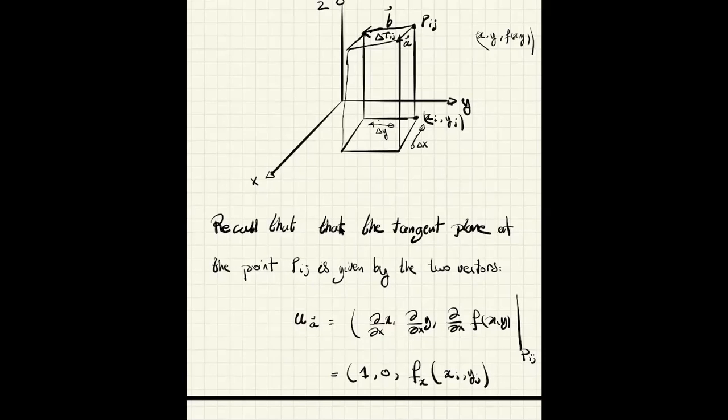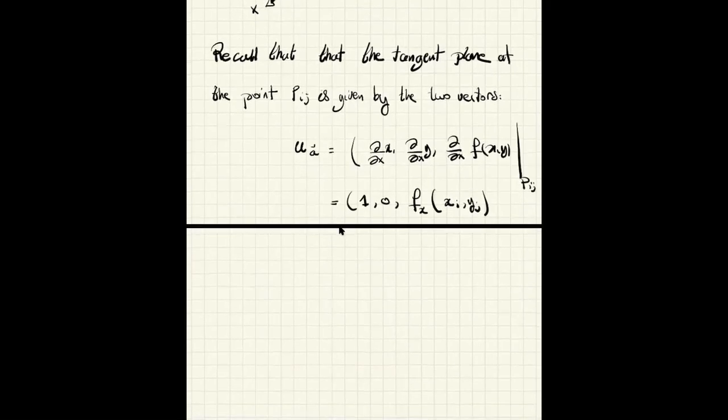Okay. Now, why did I call it UA? It's because it's not going to give you the vector A. It's going to give you a vector that goes along the direction of X, and it gives you one of the vectors of the tangent plane. And UB is d/dy of F(x, y).